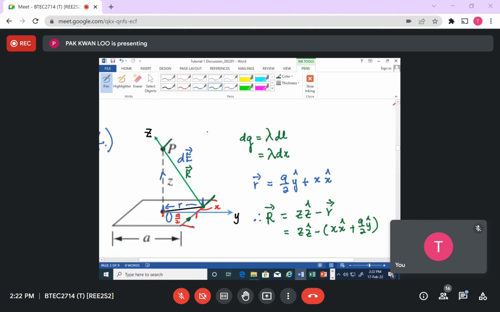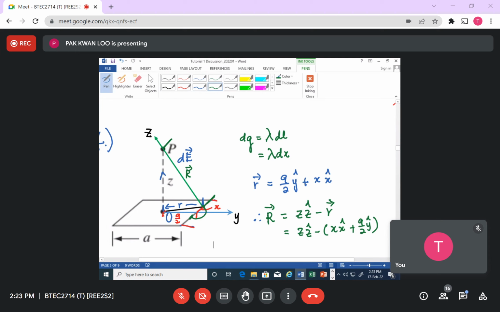Unless the line charge density is non-uniform, then we can't do that. Since this line charge here is uniform, another point charge opposite here contributes an electric field here.